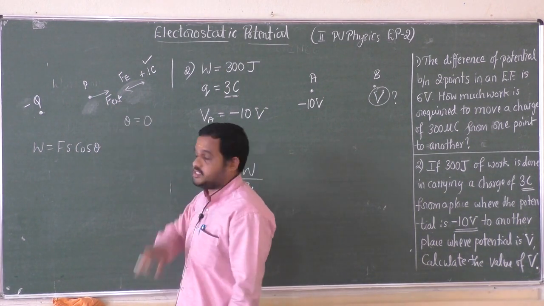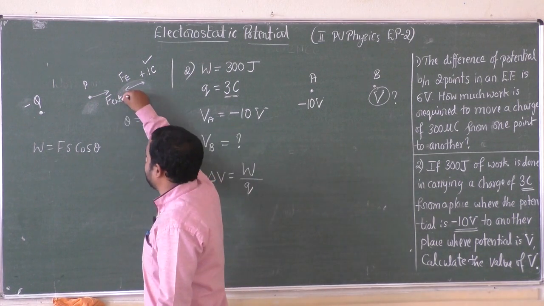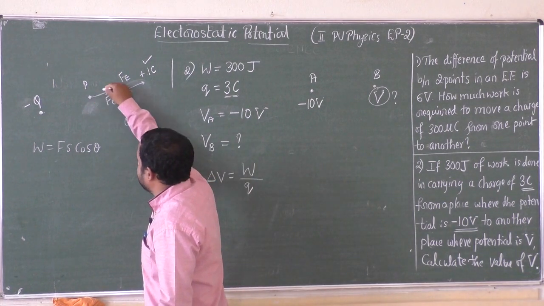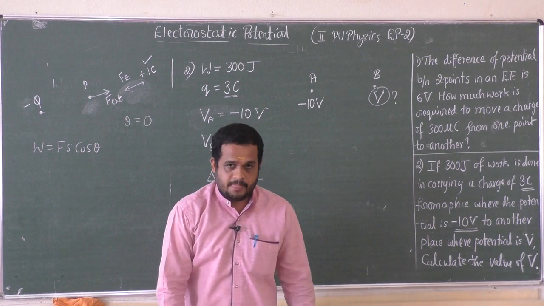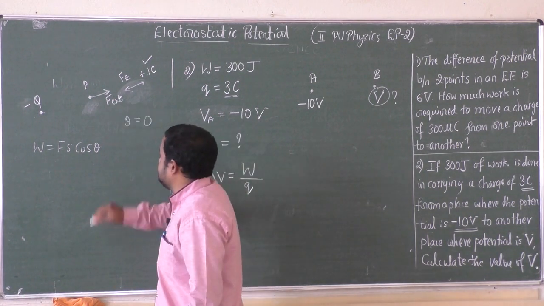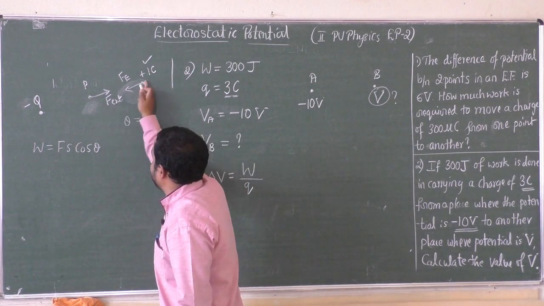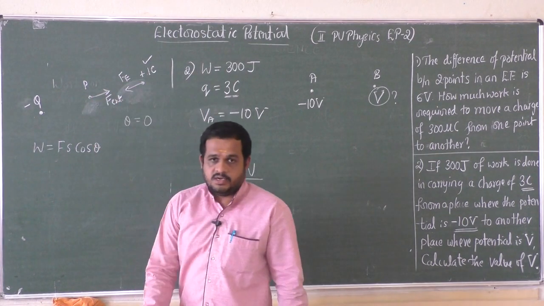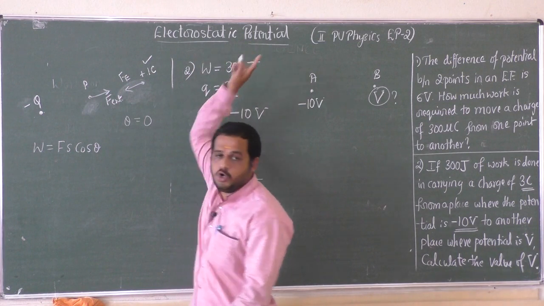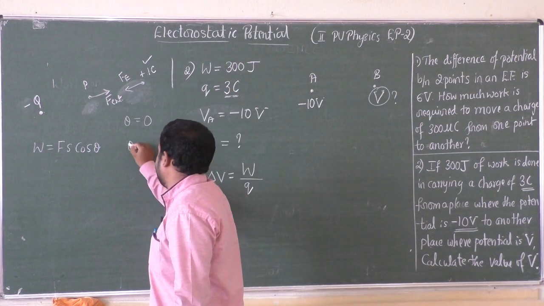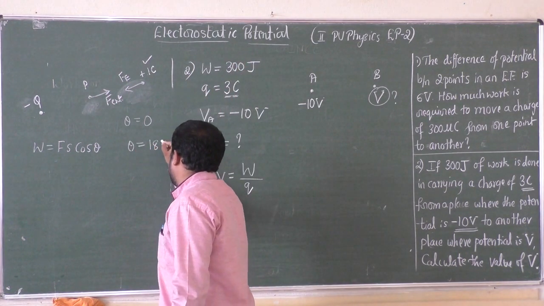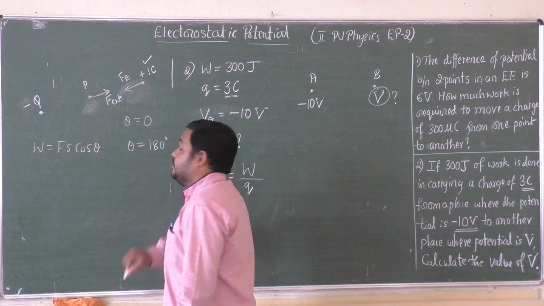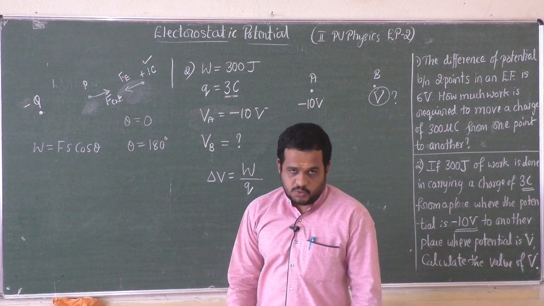What is the direction of external force? Direction of external force necessary in this case is away from the source charge. Therefore, if you consider the displacement from infinity to this point, direction of external force is opposite. That means for negative source charge, direction of force and displacement are opposite to each other.